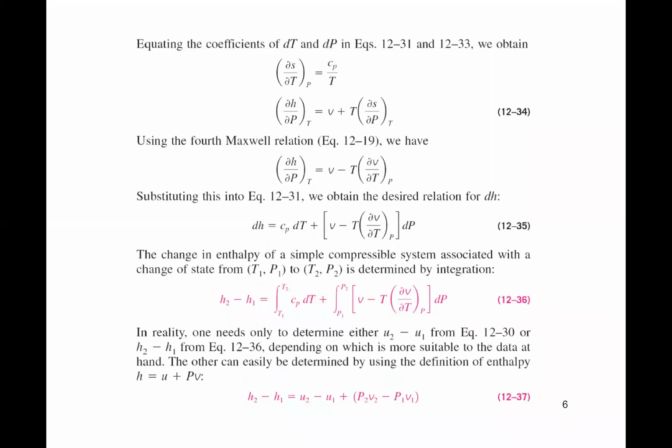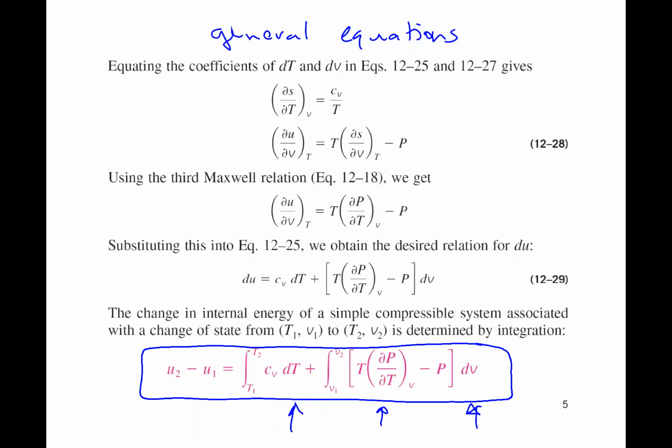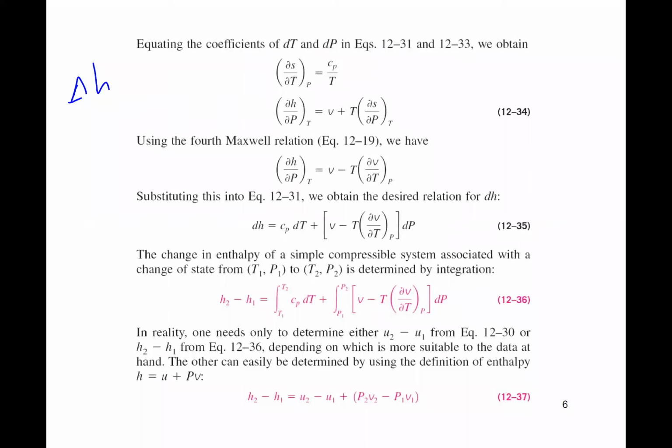Here's the version where we went through and got the change in enthalpy, right? So this one was our change in internal energy, the general equation. Here's the change in enthalpy.